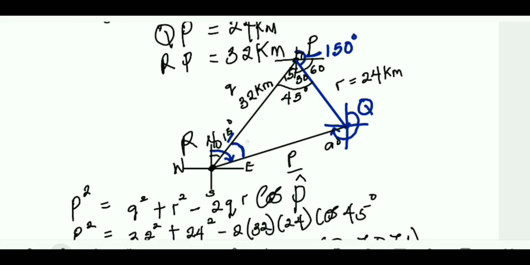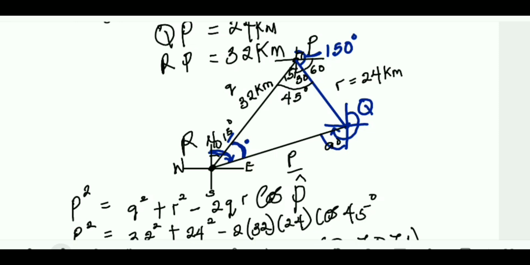Once I find this angle inside, I add it to 15, and that's A degrees. I've told you that all this angle from here to here is alternate to this A. You can see that they are alternate angles. So I need to find this angle inside at point R.